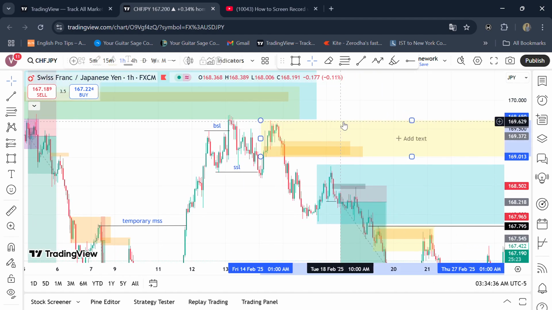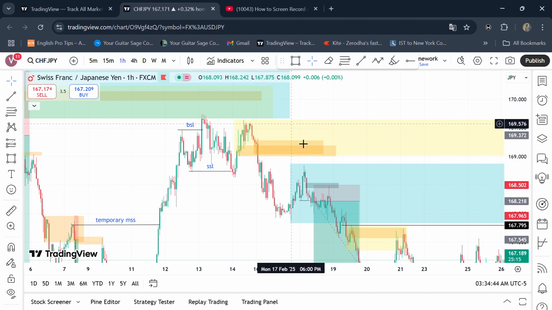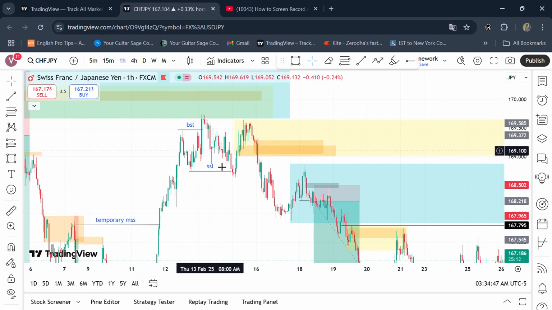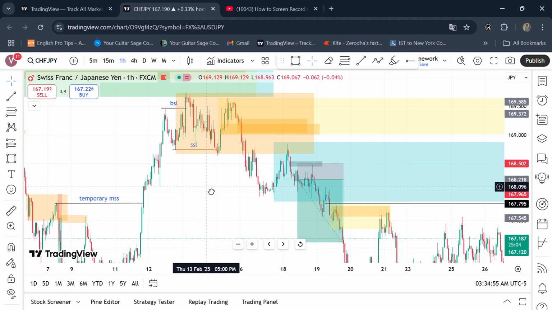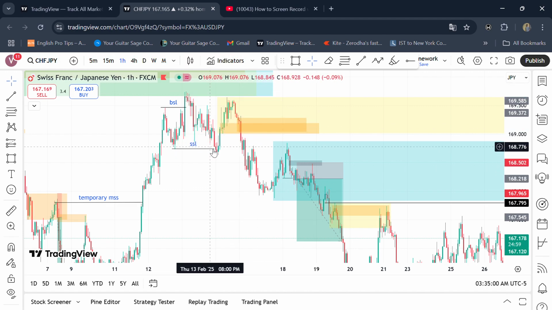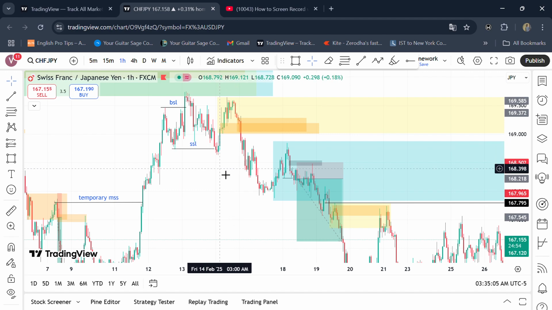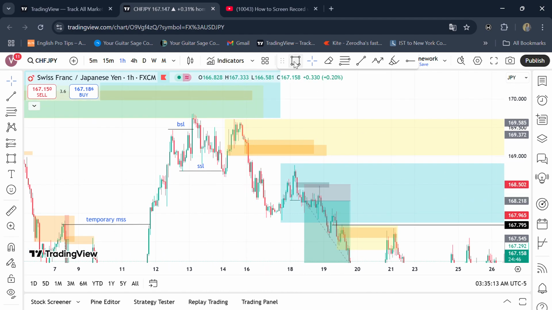It also created these 4-hour FVGs and 1-hour FVGs and order blocks after the breaker block, but then it did not tap them, because this entire leg can be taken as a breaker block, and that is what it tapped. Whenever there is a breaker block or mitigation block, these are very strong POIs. Because of them, the last POIs don't get tapped. And this is exactly what happened here.